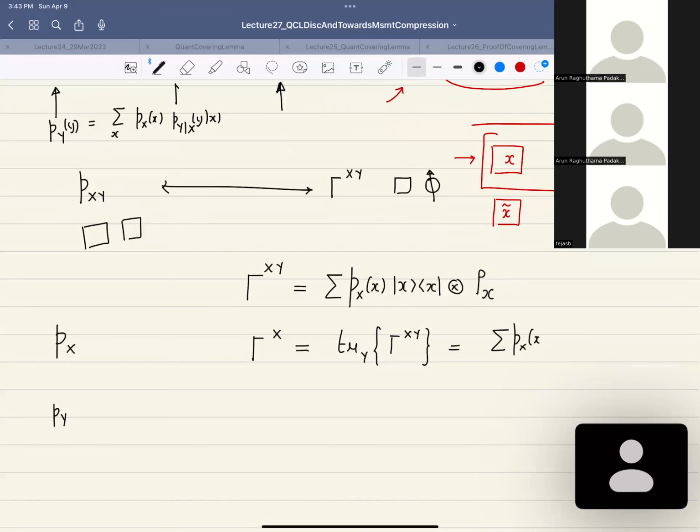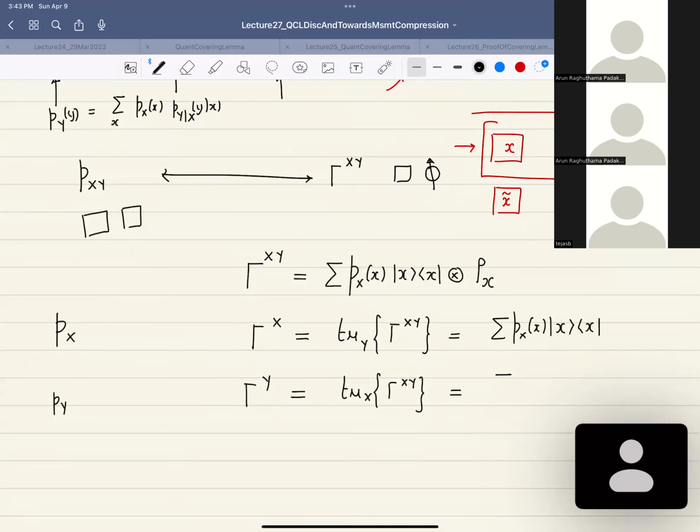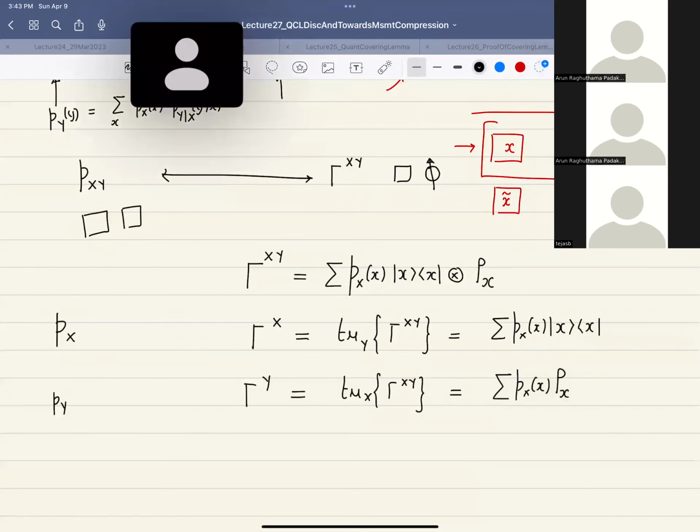This is the state of the classical register. Gamma y is the trace over x of gamma xy, so you get the sum of px of x rho x. That's the state of the quantum register: on average it is in state rho x with probability px.